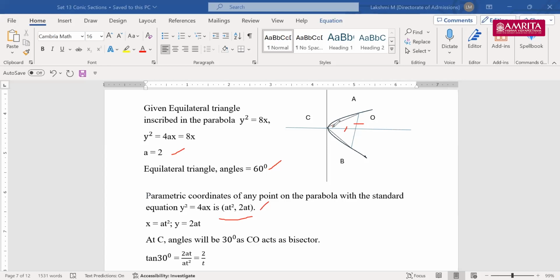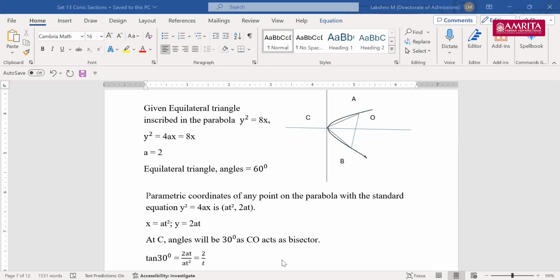So this and this will be 30 degrees. So if I'm just taking a single triangle, ACO, and if I'm applying tan, it will be 2at by at square. That is 2 by t. I got the value of tan 30 as 2 by t.